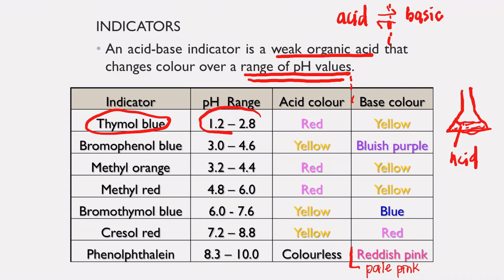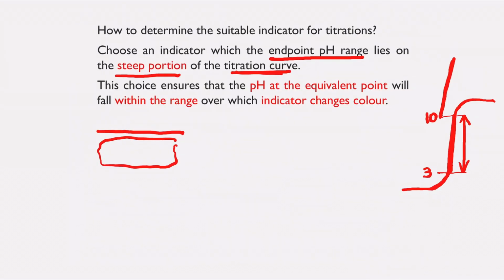Sebab awak punya pH range for thymol blue, it does not cover the pH range endpoint for your titration. Sebab awak punya equivalence 3 to 10. So kalau awak punya indicator change color at this pH range saja, then awak tak boleh lah nampak perubahan dia. Faham tak? Awak tak nampak lah color change tu. Faham tak? Faham kan? Okay, boleh eh?